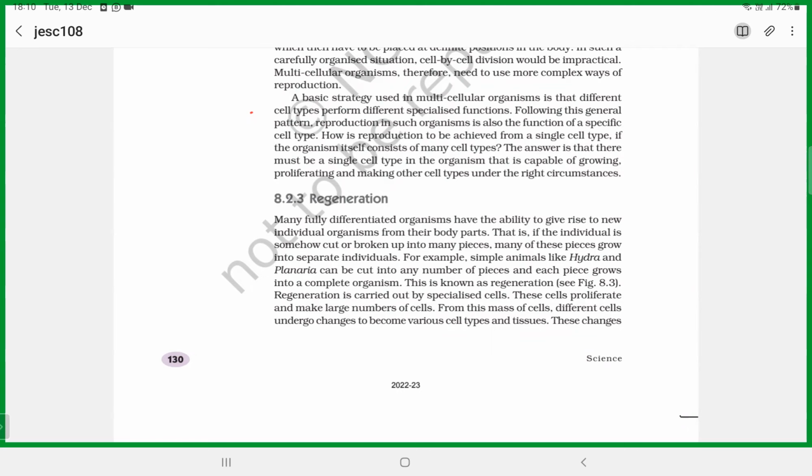So these are all the different types of asexual reproduction methods in simple unicellular and multicellular organisms, with proper examples.